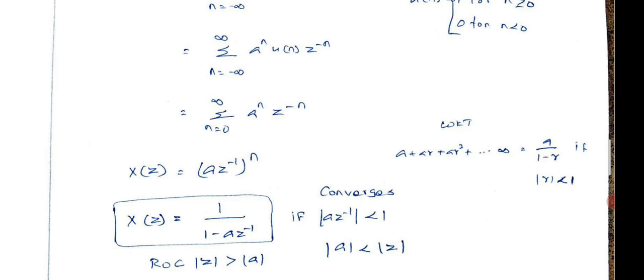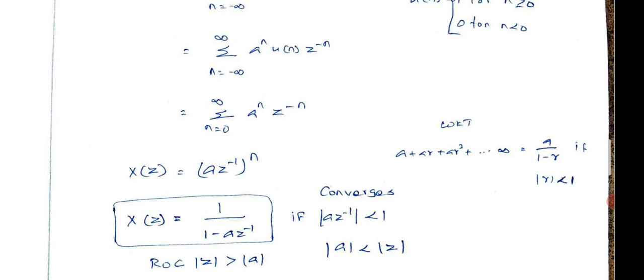In this, the modulus of r should be less than 1. Here, modulus of a z inverse should be less than 1. If it is greater than 1, the value will be negative, and if it is equal to 1, the denominator is 0. We should get only a finite value. So a z inverse should be less than 1.